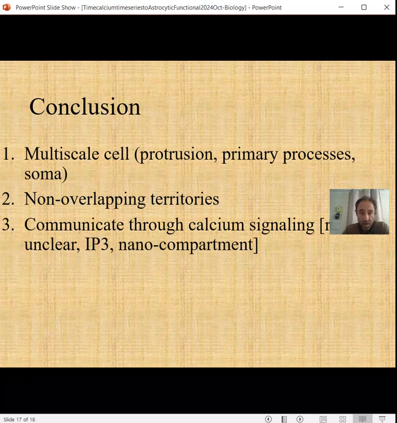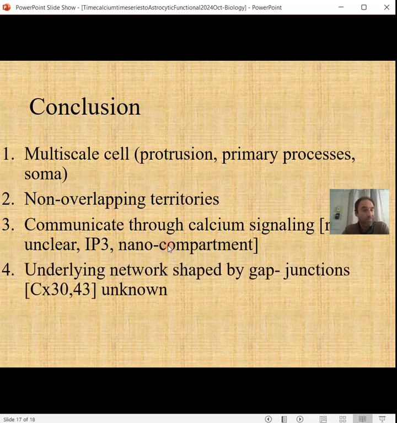They communicate through calcium signaling, although it remains unclear what defines these nanodomains. It involves IP3 receptors and calcium-induced calcium release from the ER, but really the understanding of how nanocompartments are controlled and how calcium spreads or not remains unclear.